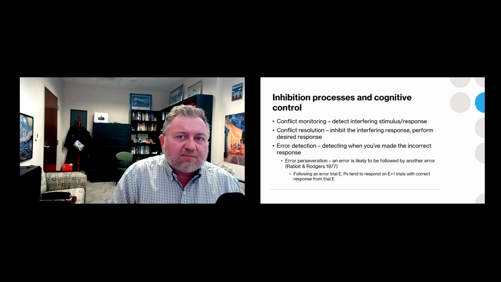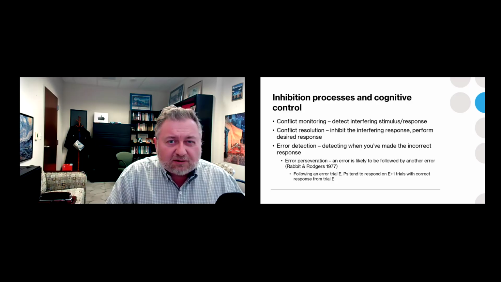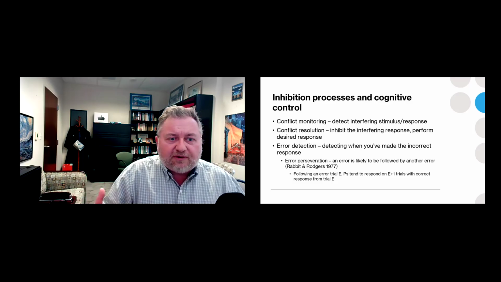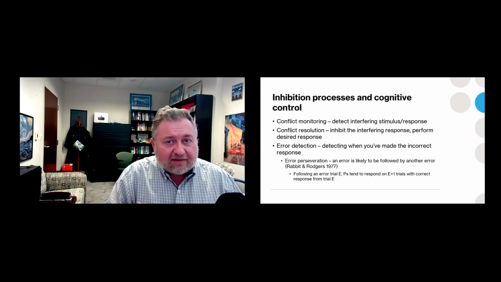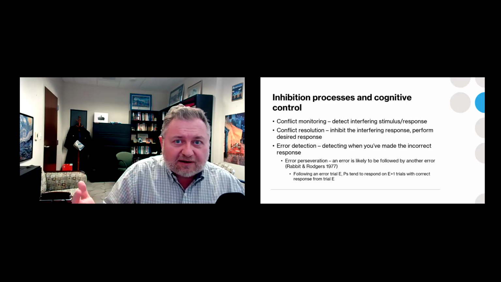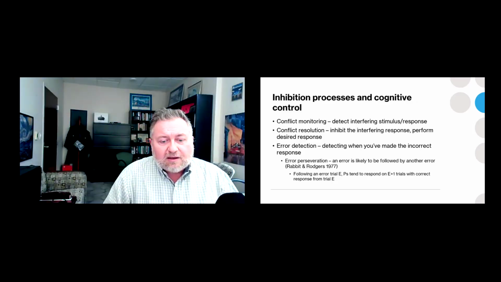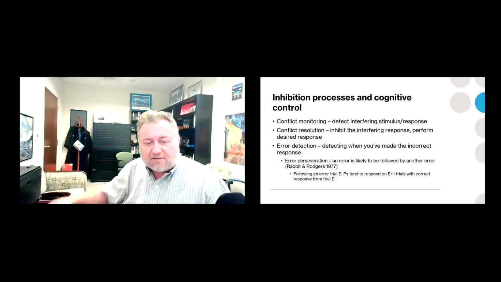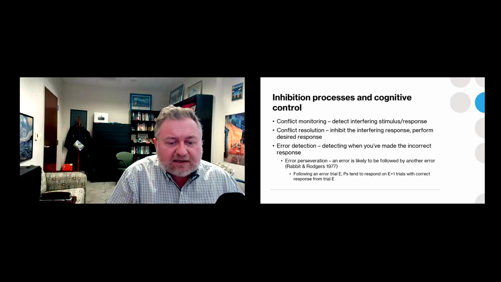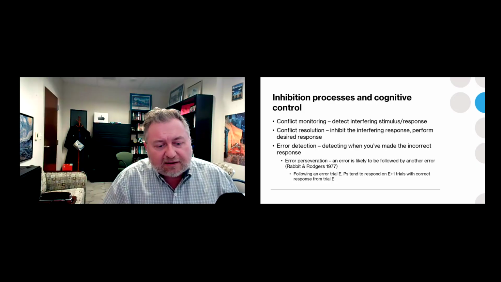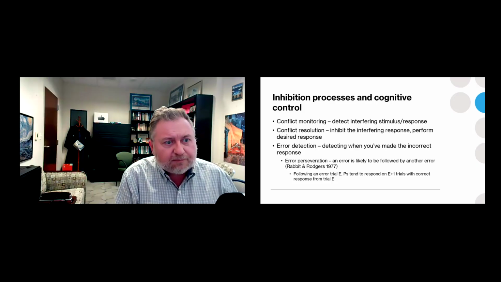Once a person makes one mistake, they're going to probably make several mistakes in a row before they manage to somehow extract themselves out of that loop of errors and get themselves reset. Now that whole process of resetting yourself out of those errors, there's probably a little extra explanation we need for that. But that's the idea as I'm showing here: on any trial, E is the error trial, and the very next trial, E+1, is also likely to show an error as well.